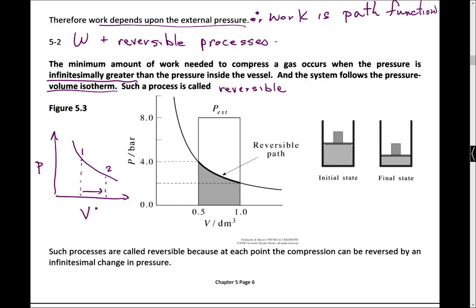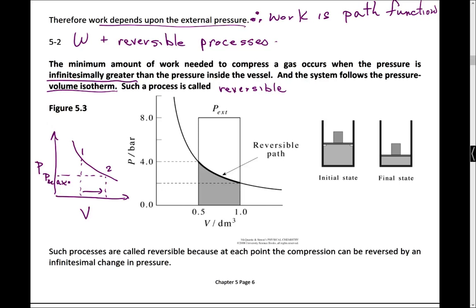So if I wanted to do a single-step expansion from this volume to this volume, I know that my external pressure has to be less than the internal pressure. And if that's where I want to end up, that means that my pressure has to be at that value or lower to get the expansion. We agree? All right? And if I said what's the maximum pressure that I can do that at, that's going to correspond to that value, right?